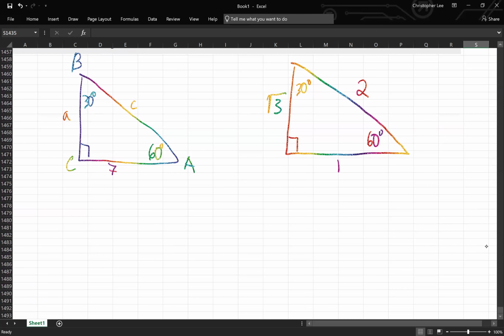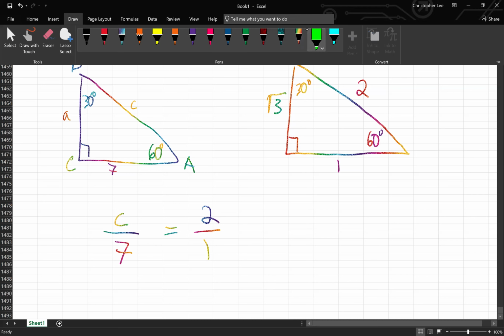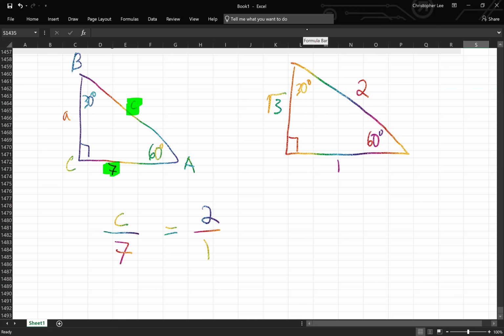Let's say that I want to solve for C. It doesn't matter, I could solve for A first. Let's say I want to solve for C. Well, C over 7 is the same thing as 2 over 1. How many people saw what I did there? I took the C over here and I put it over the 7. And then I took the 2 over here and I put that over the 1.